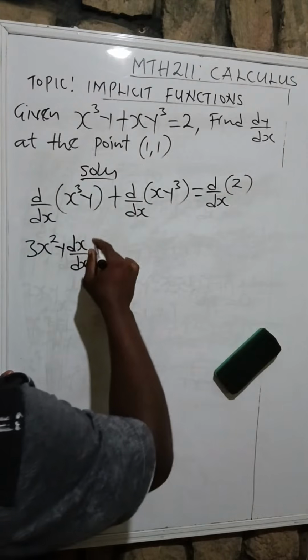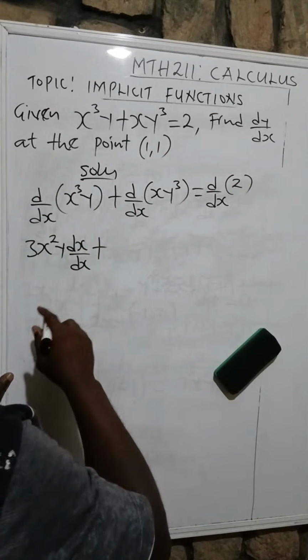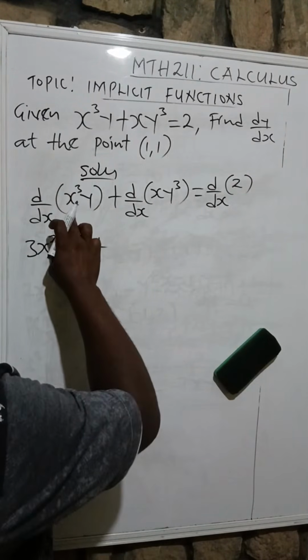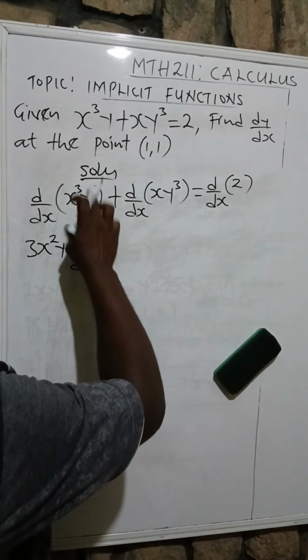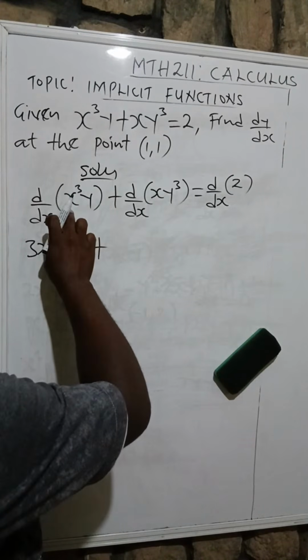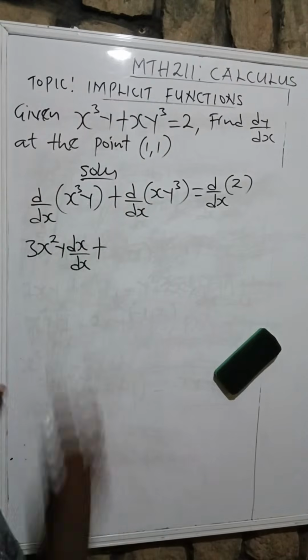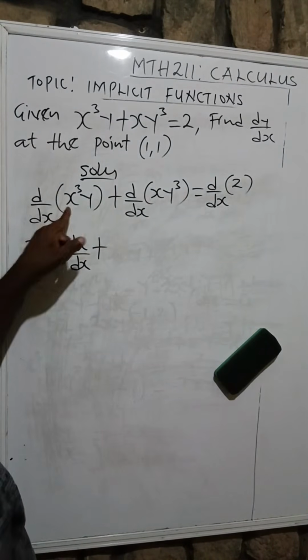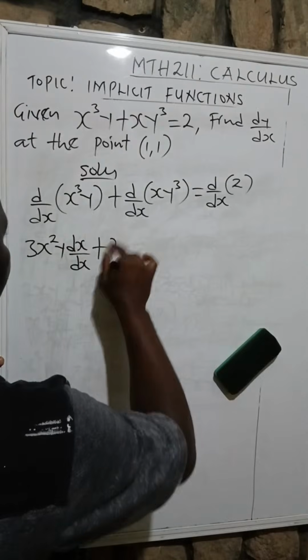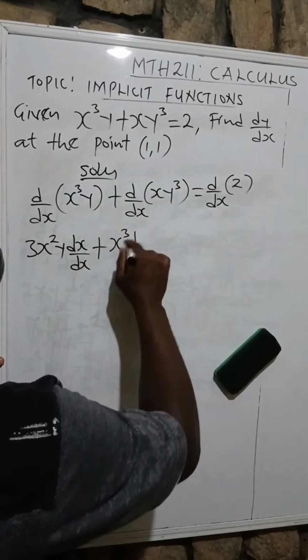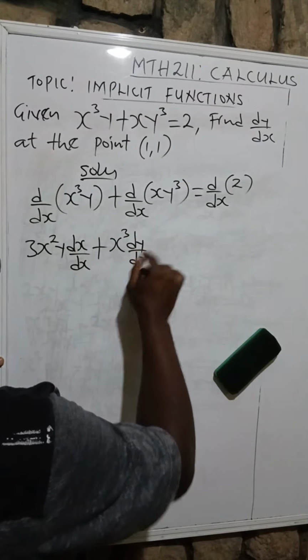Then plus, since we have two functions, x cubed times the derivative of y, which is x cubed dy over dx.